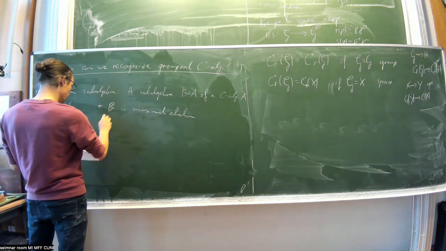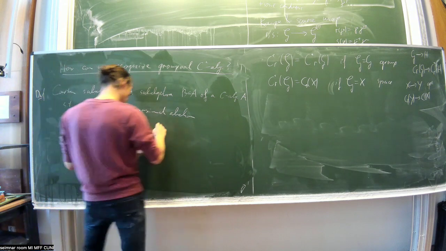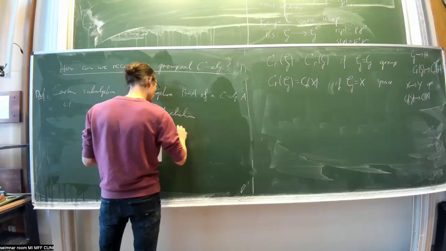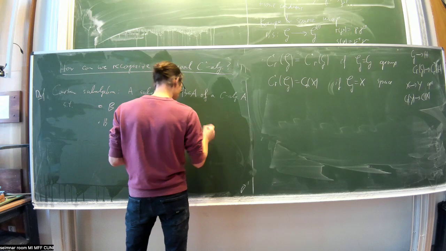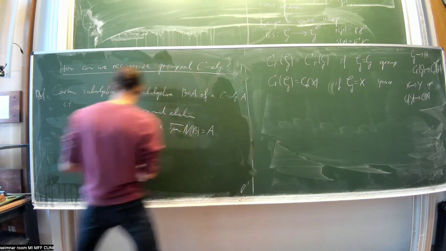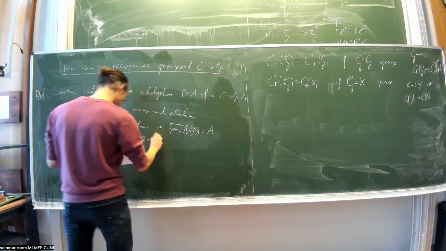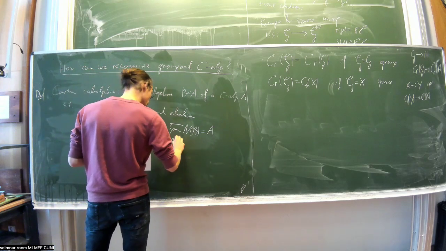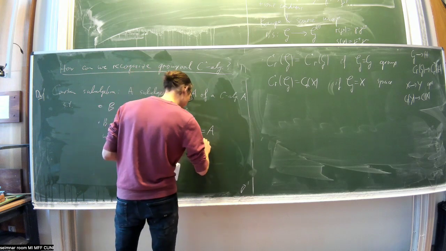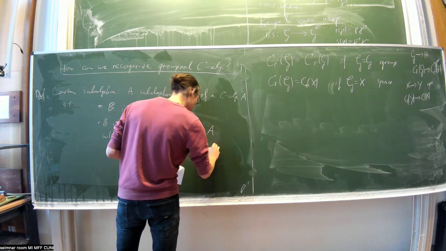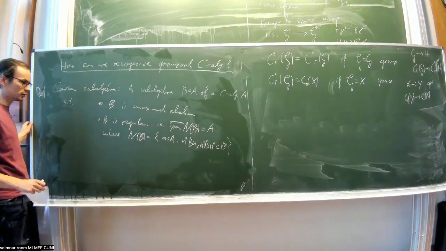And then it's regular, meaning that the span of all the normalizers is dense in A, where normalizers are elements n in A such that n star b n and n b n star are contained in B.